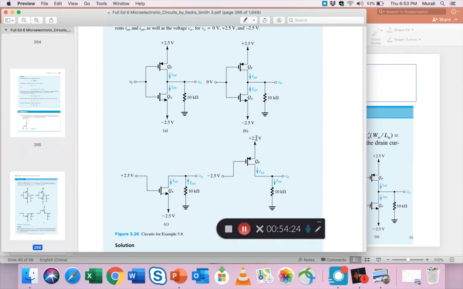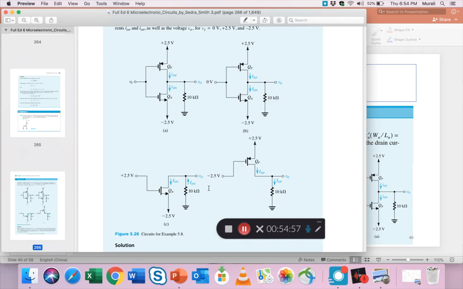Because the supply voltages are a nice plus 2.5 and minus 2.5, basically you have a plus 5 volts applied across the gate to source. In this case it's plus 2.5 minus minus 2.5, so you can see that this is a delta of plus 5 volts, and similarly here it's a delta of 5 volts or minus 5 volts.